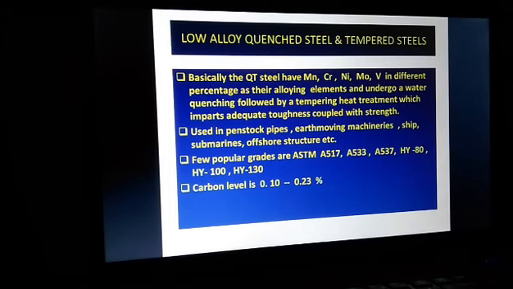Used in penstock pipes, earth moving machinery, ships, submarines, offshore structures, etc. A few popular grades are ASTM A517, A533, A537, HY80, where HY means high yield, 80, 100, 130. Carbon level is 0.10 to 0.23%.